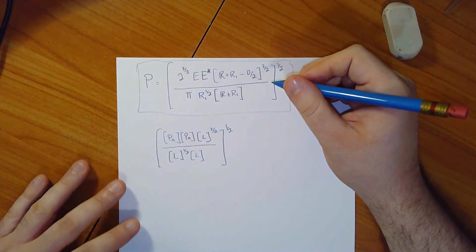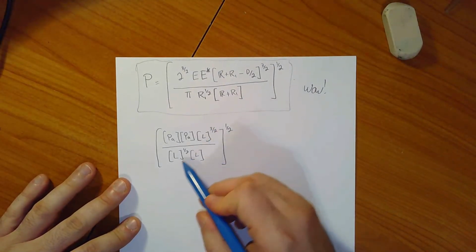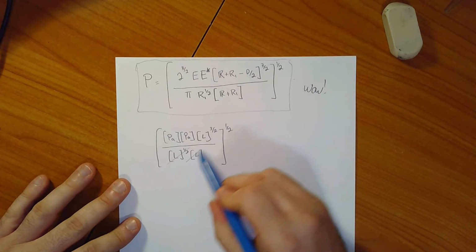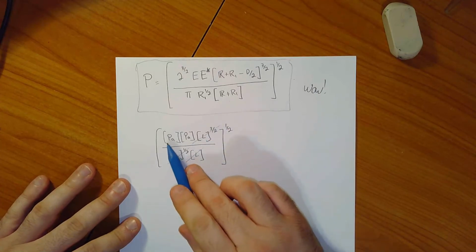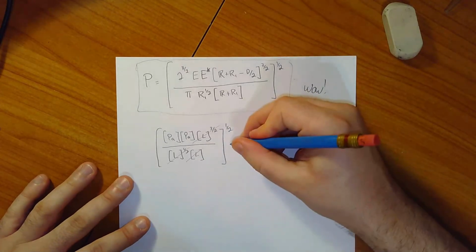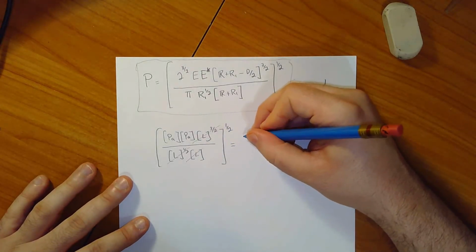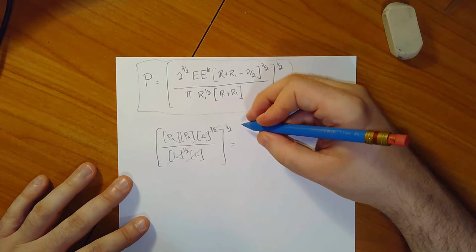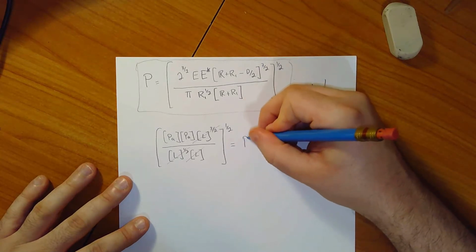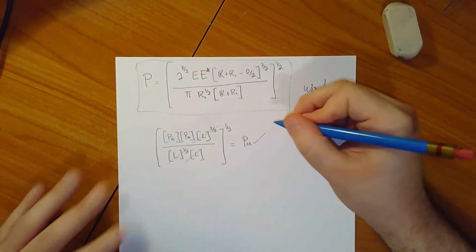And so what happens when we go through all that? Well, this L to the 3/2 combines with this L and this L, and so those go away. And now we have Pascal times Pascal raised to the 1/2 power. And so this ultimately comes out to be units of pascals, which is what we want. Pascals is units of pressure, so that checks out.